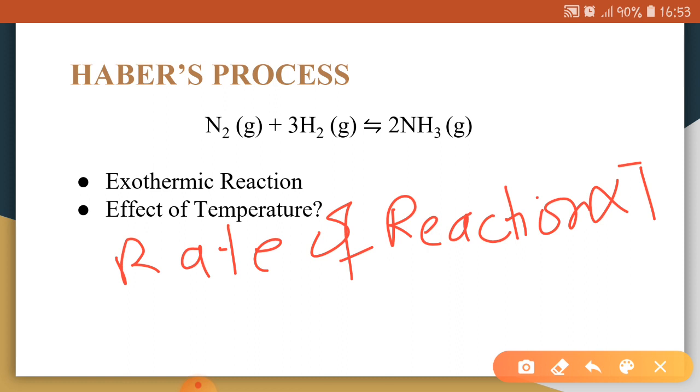So this is not favorable for us, because when we decrease the temperature to increase the formation of ammonia, the reaction would proceed over a longer time span. For example, it may take 2 days. So we don't apply the effect of change in temperature to this chemical system.